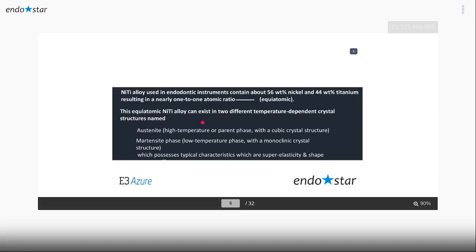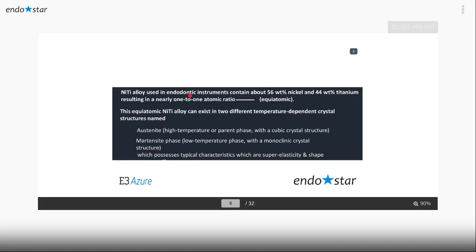Nickel titanium alloy, as an alloy itself, is a combination of nickel and titanium. By weight, it is 56% nickel and 44% titanium. We can say it's nearly a 1-to-1 atomic ratio, equiatomic, but we also have to know that this percentage is sometimes changed by the manufacturer to get different behavior of the alloy according to the application it is used in.